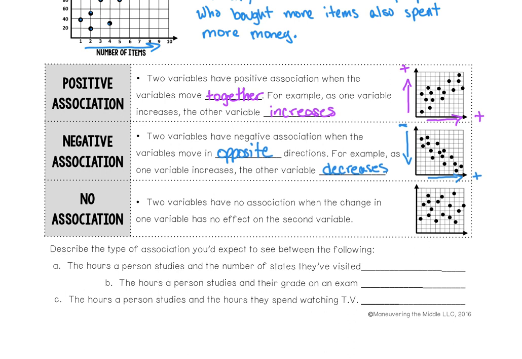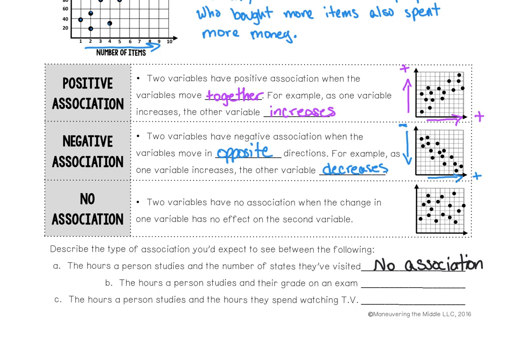So the hours somebody studied, would that affect the number of states that they visited? No, of course not. There is no association here. They're not related at all. They're not connected.